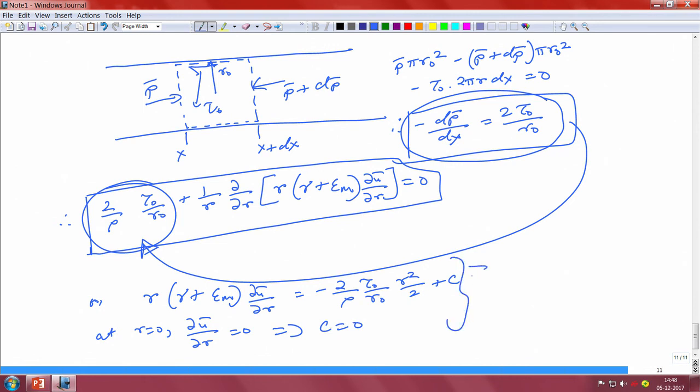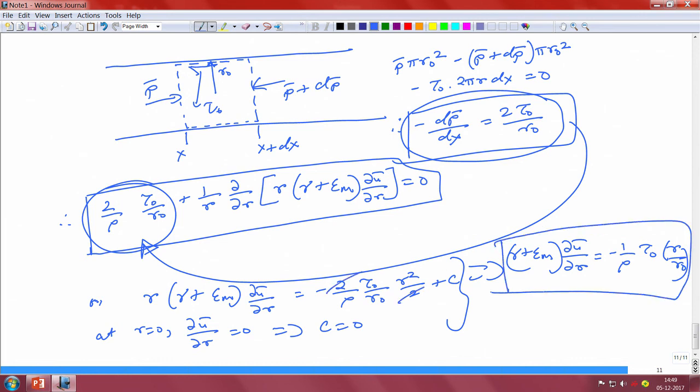So together what we get is gamma plus epsilon m times du bar by dr is actually equal to 1 over rho tau naught r by r naught. That we get because this r and this r, one r cancels out, and this 2 and this 2 cancel out. So this is the form that we get.